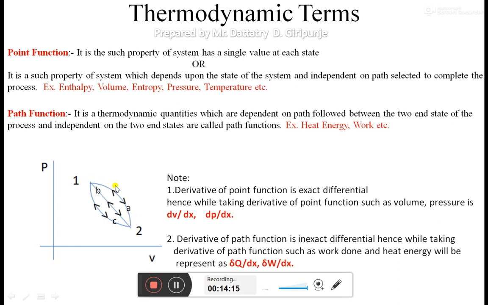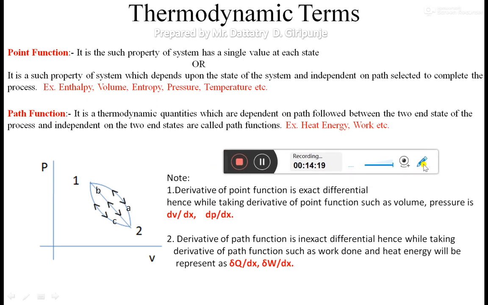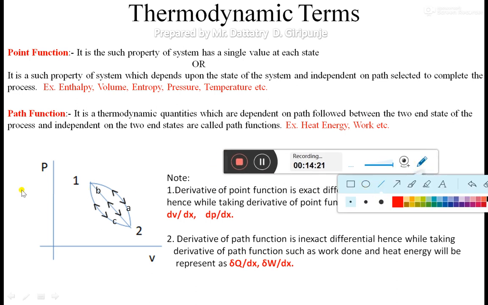In between state 1 and state 2, if I ask you what is the pressure at state 1, you can say it is the pressure with respect to this point, that is, P1 will be the pressure at point 1. If I ask you what is the volume at state 1, you will say the volume with respect to this point, V1, will be the volume at state 1.